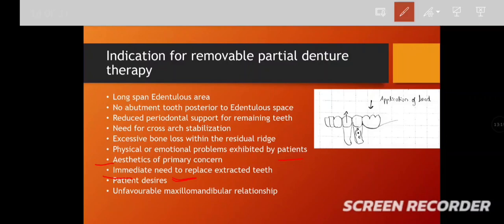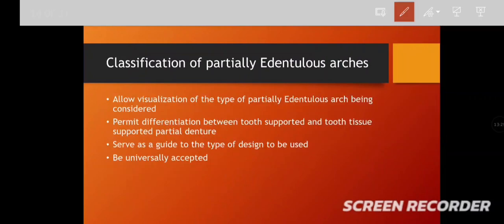That is when there is a discrepancy in arch size, shape and position of maxilla with mandible. In that time, you can go with RPD instead of fixed partial denture and instead of complete denture. Also, instead of extraction, preserve the teeth. By this, you also preserve the vertical dimension of the patient.